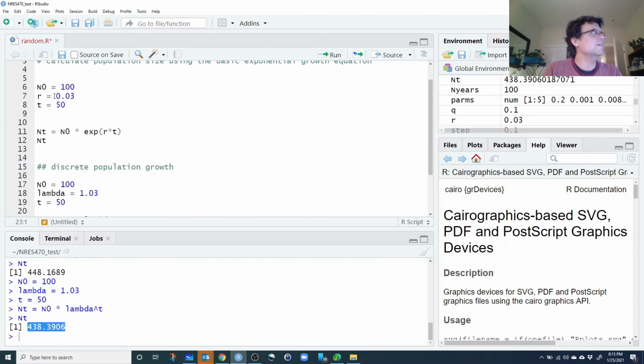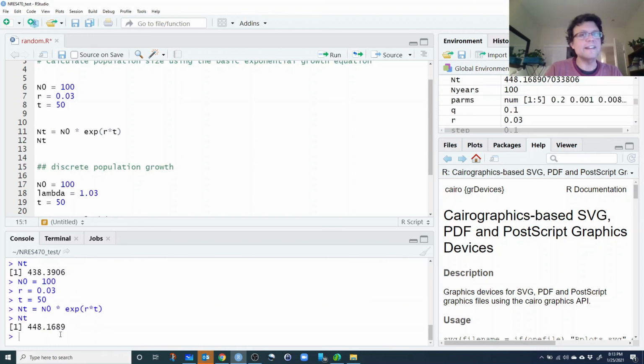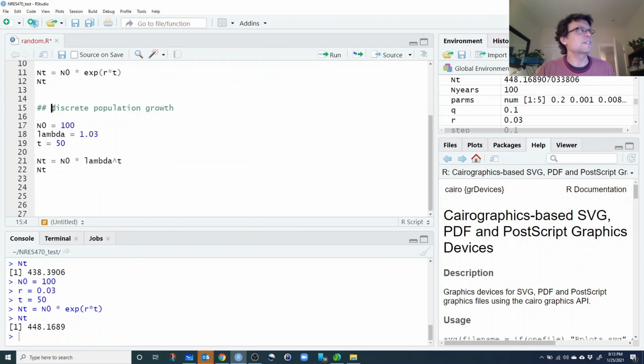What was it back here in the continuous case? It was 448. So you can see that the population size was a little bigger after 50 years using a continuous growth model, versus it was a little smaller when we computed population size after 50 years using the discrete population growth model.